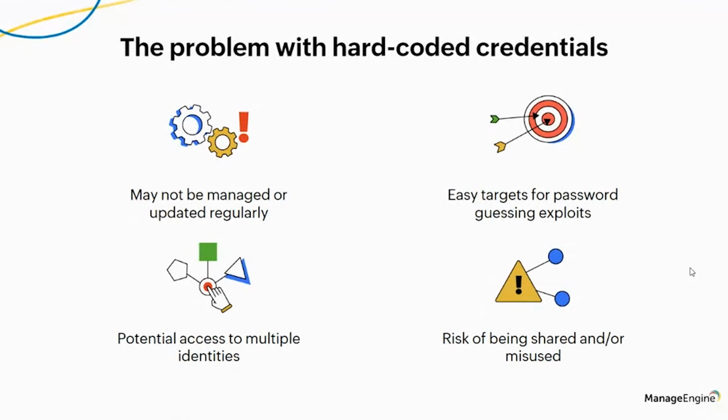The other problem is if it's a database password and you're changing that password every 30 days, you have to remember to go to all of these files and places and update the password. Otherwise, your applications will fail. So most users choose never to change the password, which brings in a huge set of problems, like your audits.